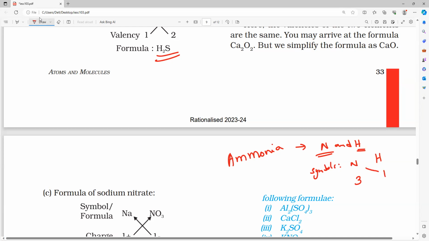Hydrogen needs only 1 electron to be stable. So what will happen, everybody? N1H3, which equals NH3. All of you understood? Yes, sir.